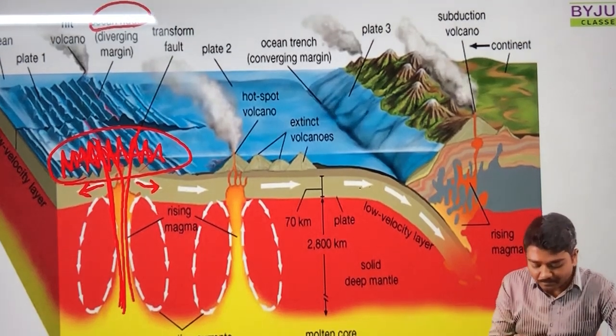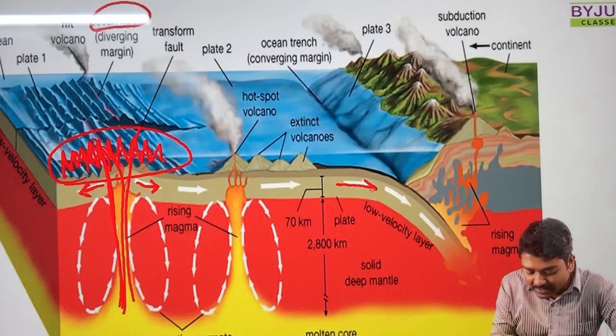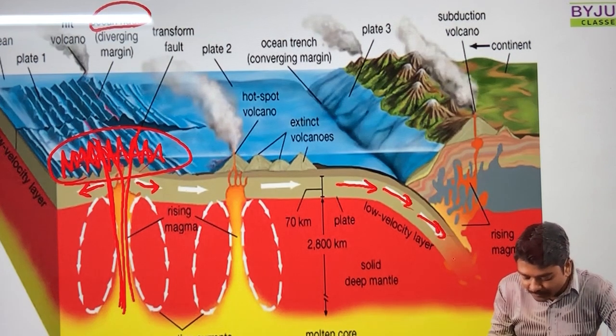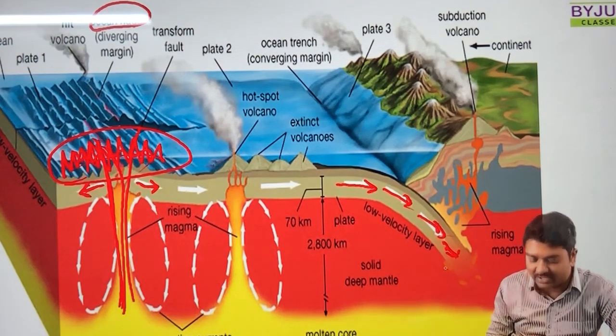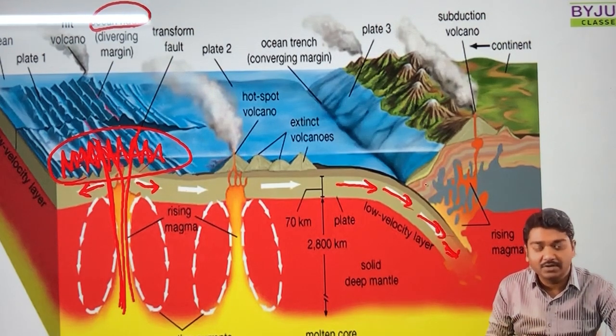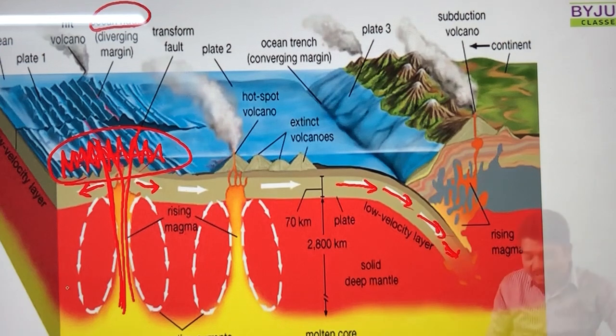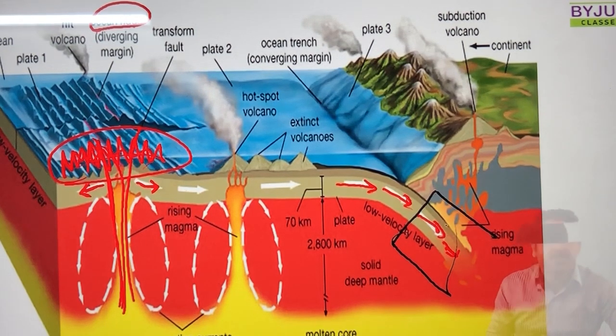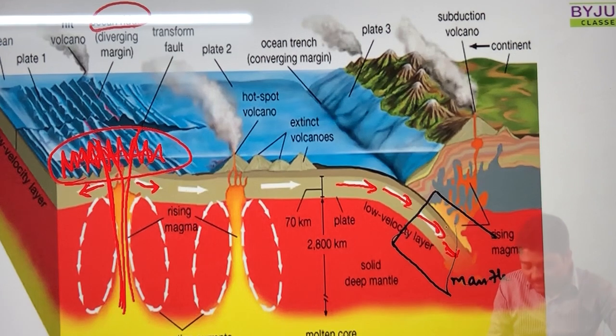Then you see this particular region, that is the convergent zone, where subduction is actually happening. Whenever subduction happens, what happens usually? This particular portion of the earth is going into the mantle, right? In the mantle, it is heated further.